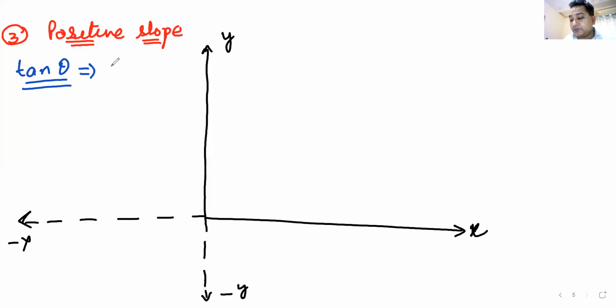It is positive in first and third quadrant. Is everyone getting me? Tan theta is positive in first and third quadrant. It is negative in second and fourth quadrant.